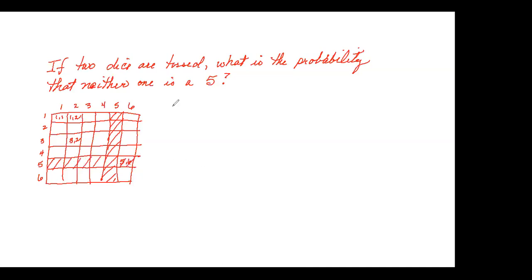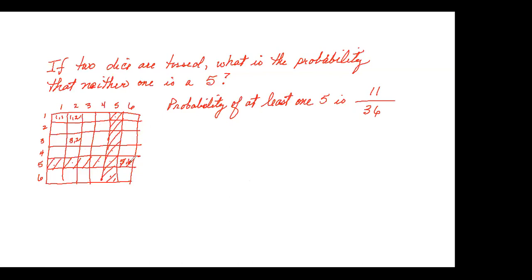and these. So the probability of at least one 5 is, we've got a total of 36 in our sample here, 6 by 6. And we've got 1, 2, 3, 4, 5, 6, 7, 8, 9, 10, 11 possibilities that would have at least one 5.